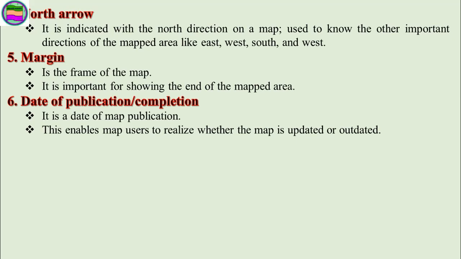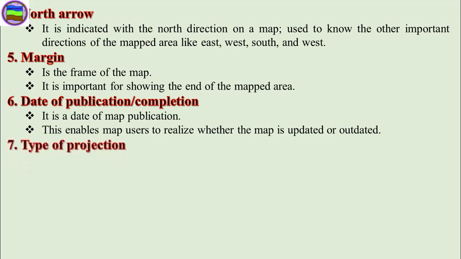This enables map users to realize whether the map is updated or outdated. If there is no date of publication on the map, it is difficult to identify whether it is an old map or an updated, new map. So the date of publication should be included there.